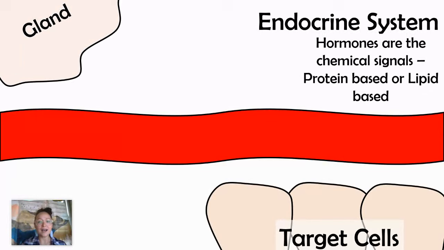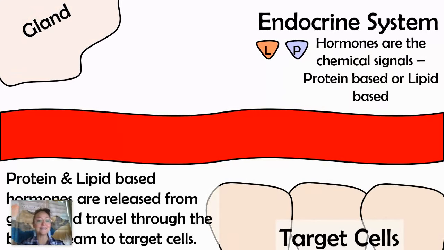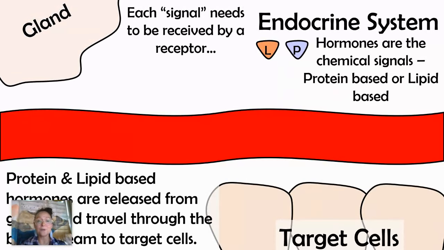So here, hormones can be protein-based or lipid-based, like we talked about at the beginning. So here we have a lipid-based hormone and a protein-based hormone, and they travel through the bloodstream to reach their target cells. But when we talk about these chemical signals, these hormones that are being sent out, they need to be received.